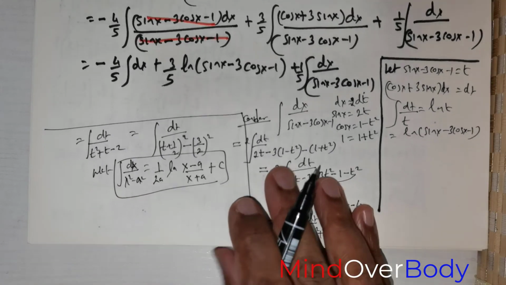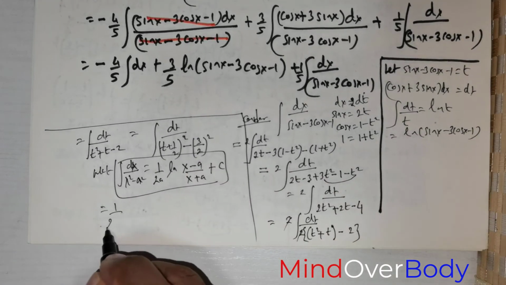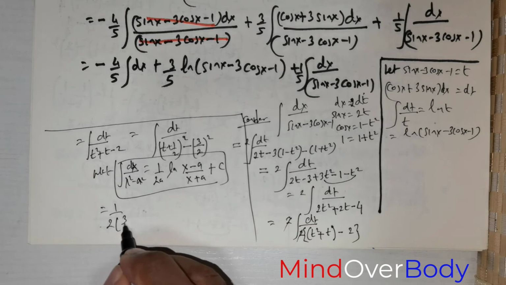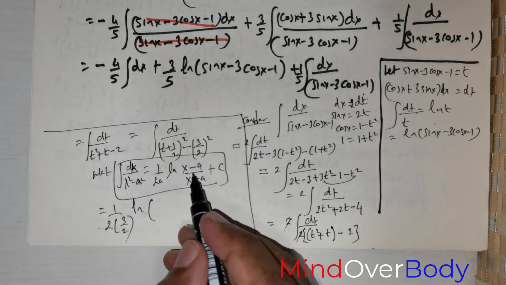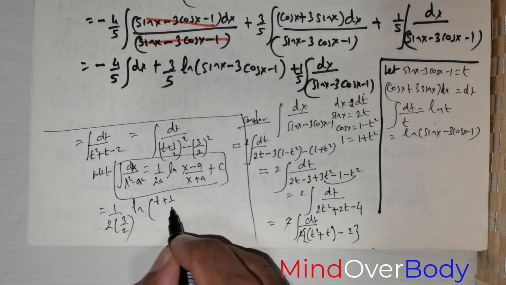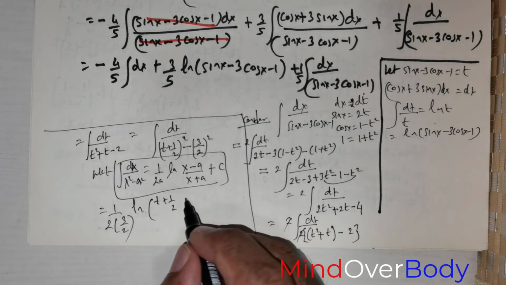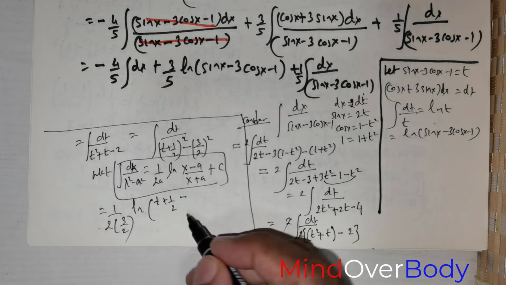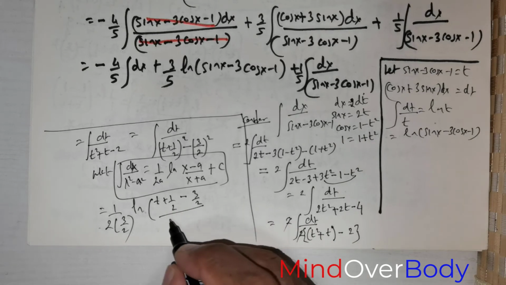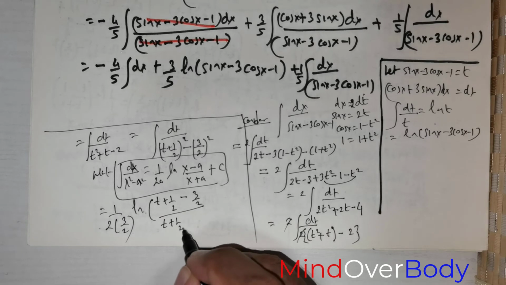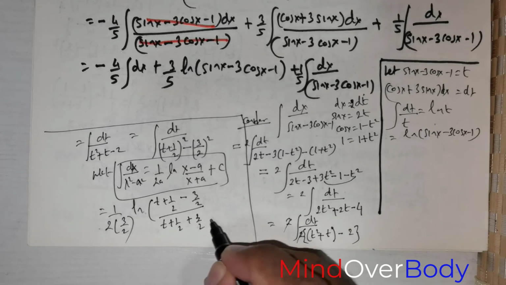So if I were to use that, this is going to be 1 over 2 times a is 3 over 2 ln of my x is t positive 1 over 2 negative my a is 3 over 2 divided by t positive 1 over 2 positive 3 over 2.